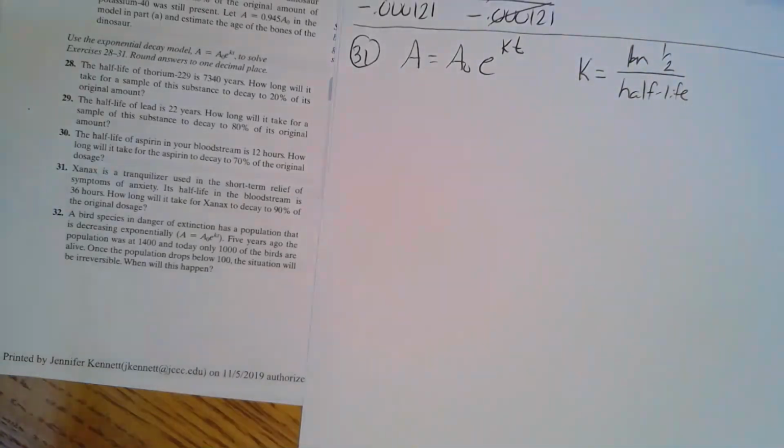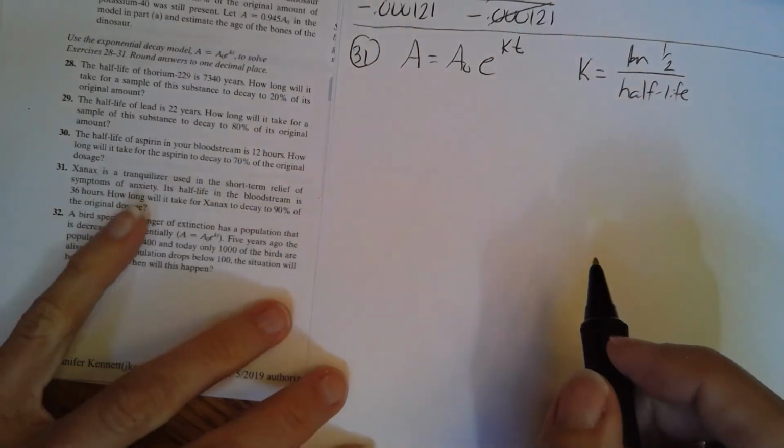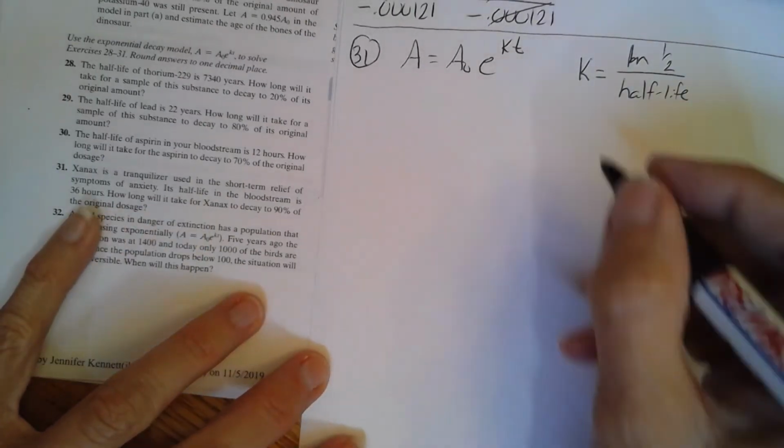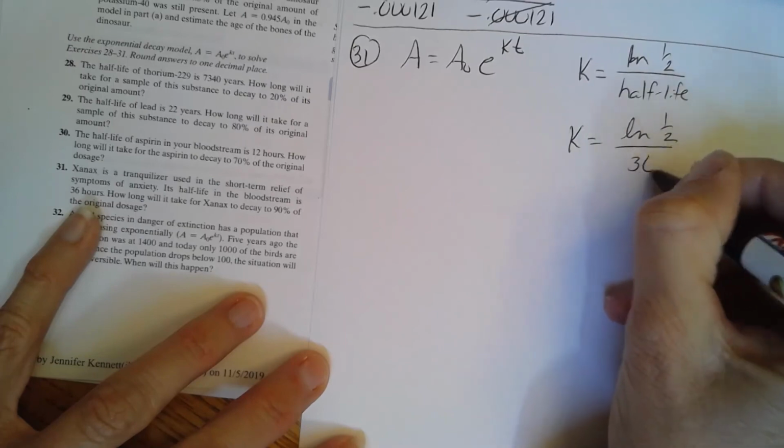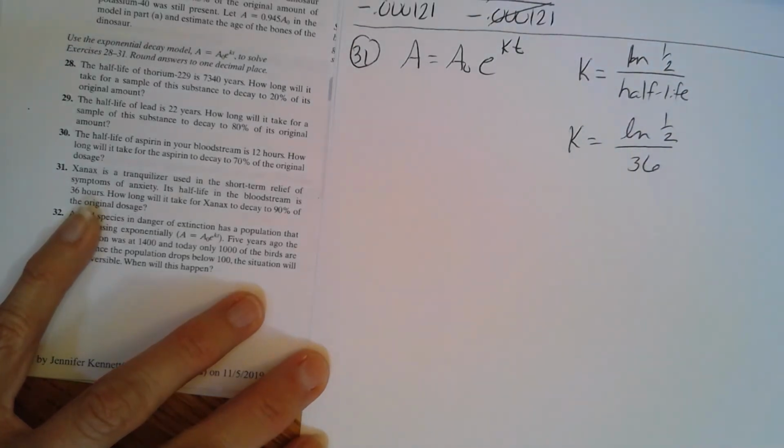So when k is not given to you, when you're talking about half-life, you can find k pretty easily by just doing the natural log of a half divided by the half-life. So in this example, we know that the half-life was 36 hours. So we get the natural log of a half divided by 36, and that'll give us our rate.